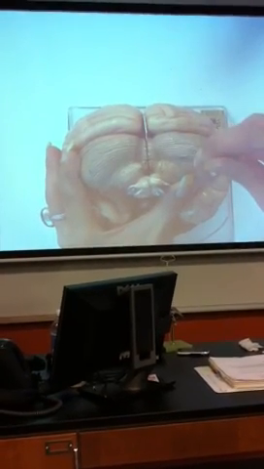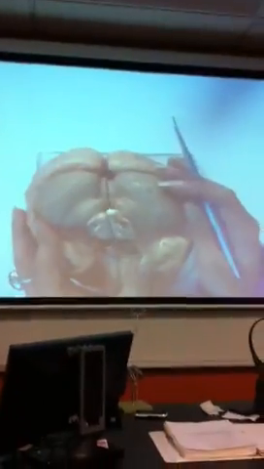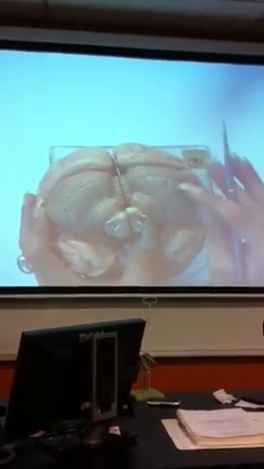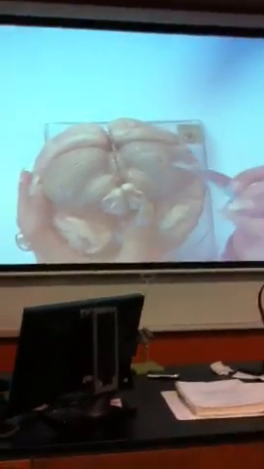Okay? So longitudinal fissure, vermis. The folia are the indentations of the cerebellum. Okay?